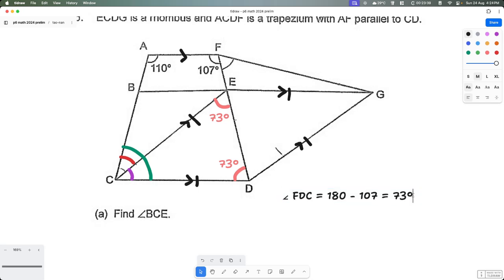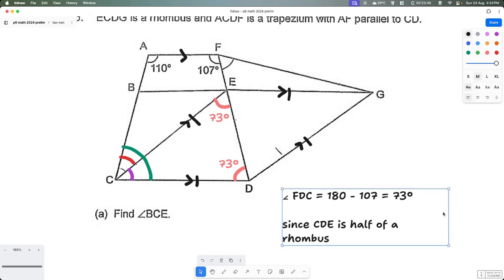So we can say since CDE is half of a rhombus, that means CDE is an isosceles triangle.